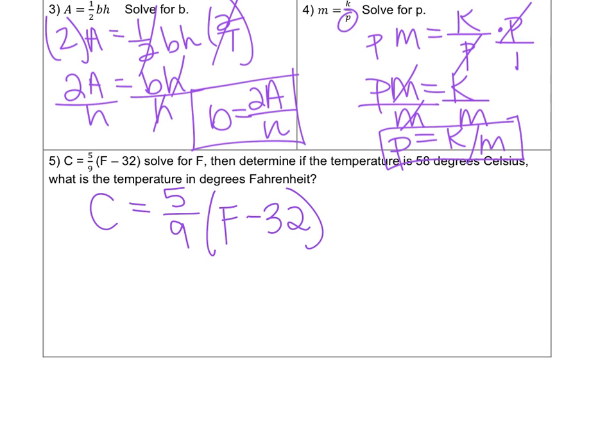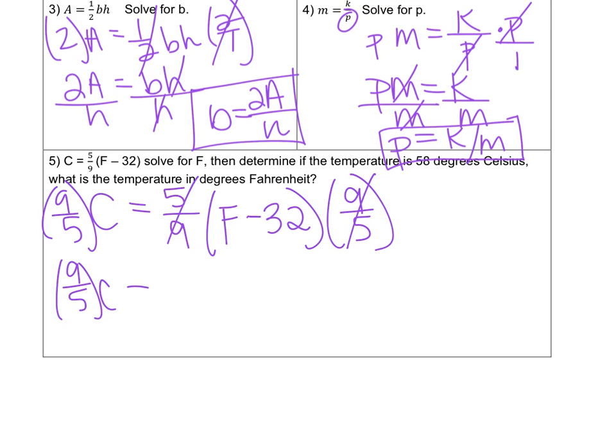So the first thing we want to do is get rid of this 5/9. So I'm going to multiply by the reciprocal. So I'm going to multiply each side of the equation by this reciprocal, 9/5. Because 5/9 times 9/5 is just 1. So I would have 9/5 C equals F minus 32.